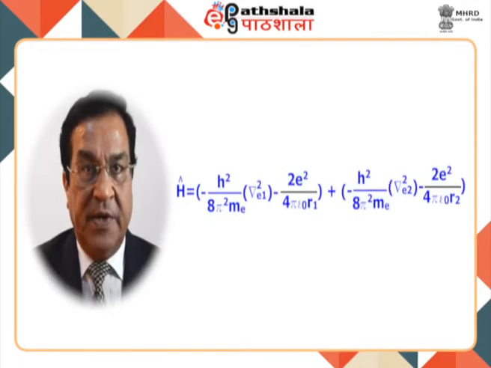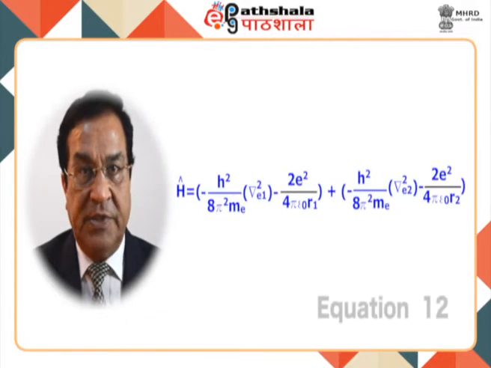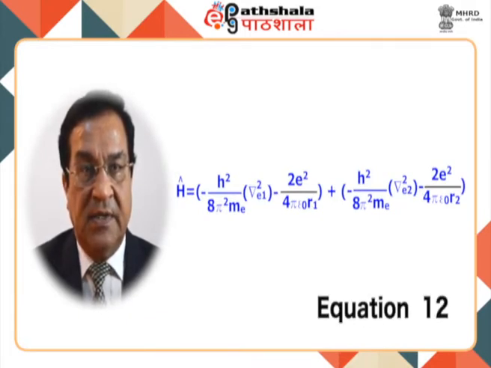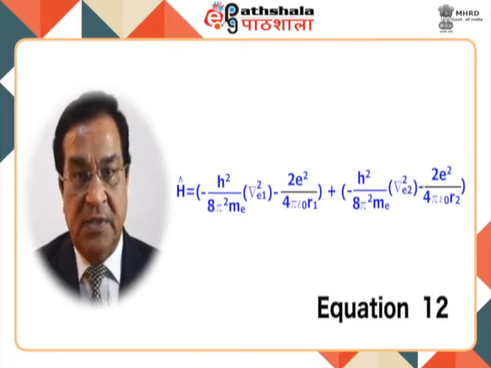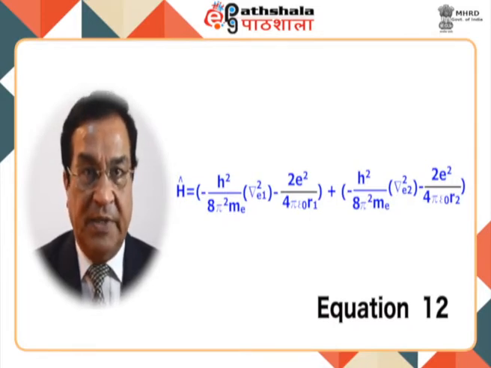If one looks carefully at equation 12, one can very easily see that when we assume the nucleus to be at the origin and neglect the interelectronic repulsion term, the Hamiltonian of the helium atom gets converted into the sum of two hydrogen-like Hamiltonians, or one-electron Hamiltonians.